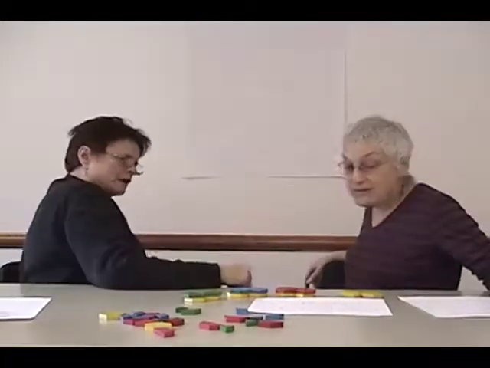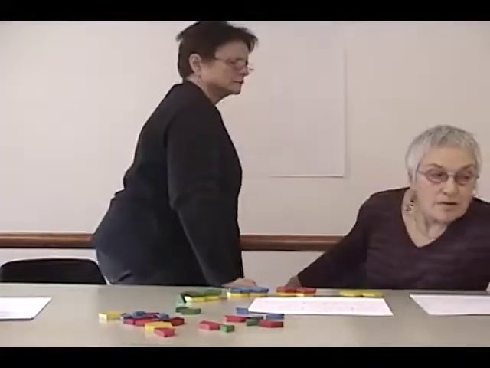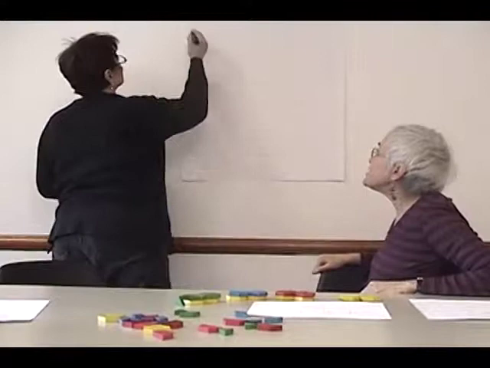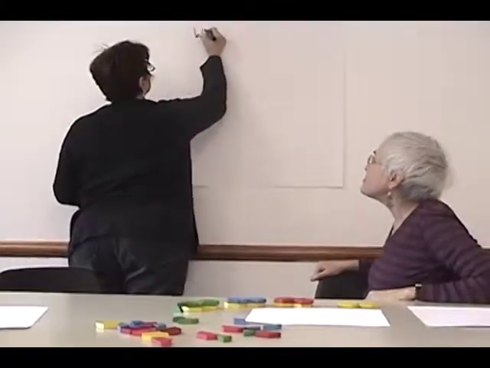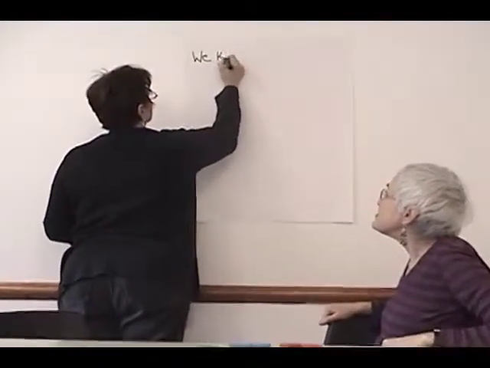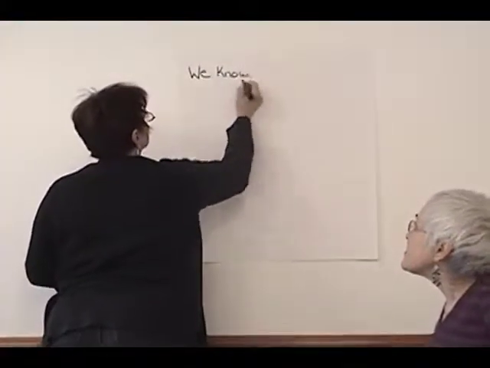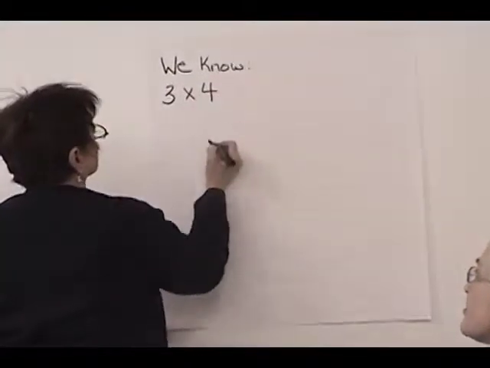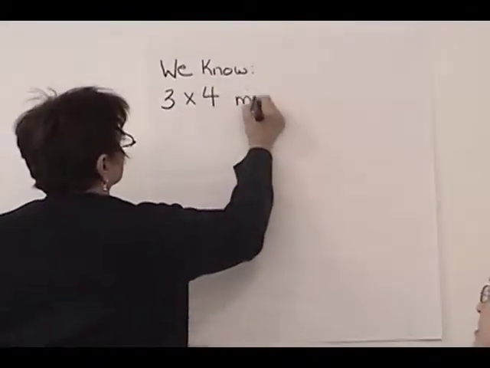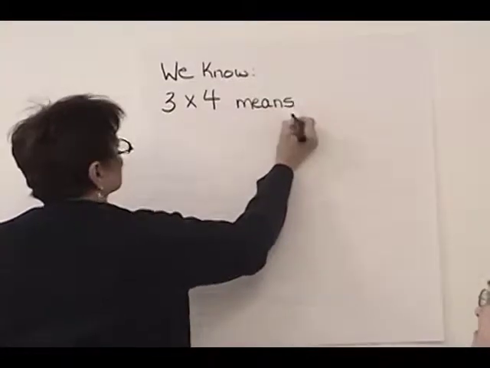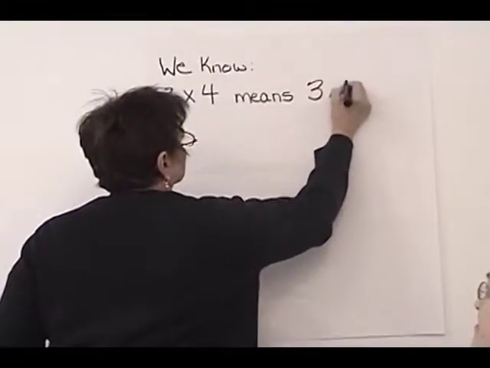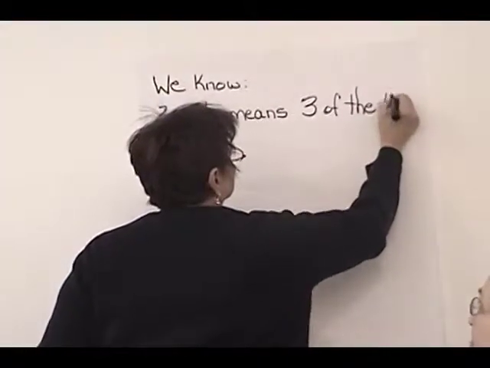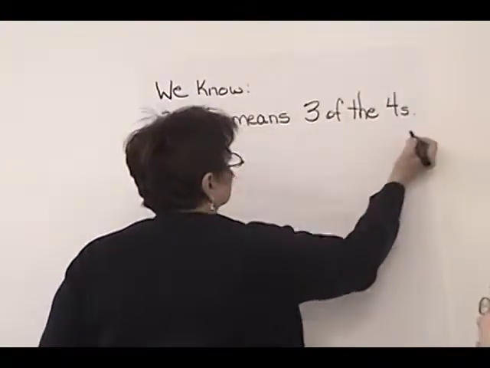Now, what I know about multiplication is, would you write it? So we know 3 times 4. 3 times 4 means 3 of the 4s, or 12, right?